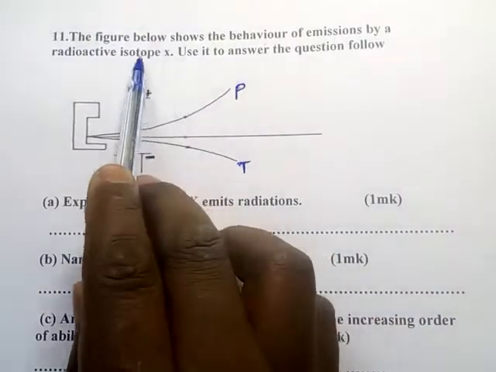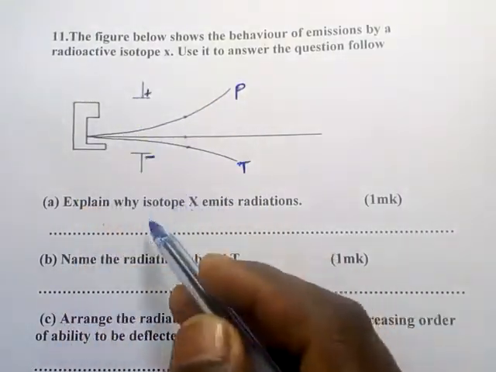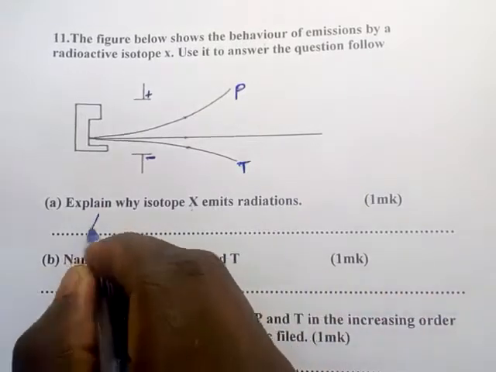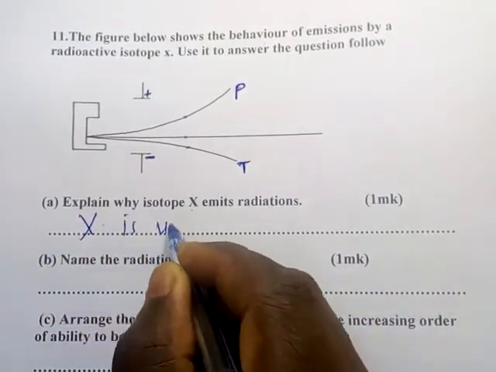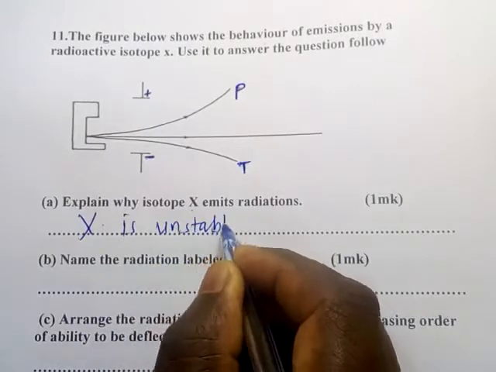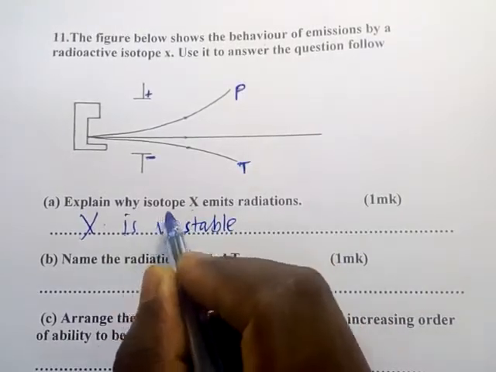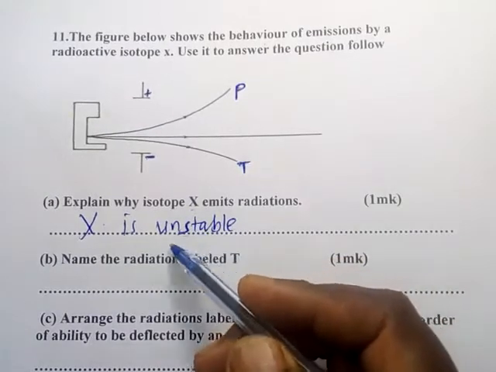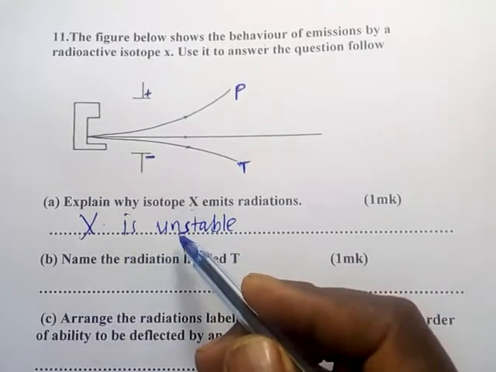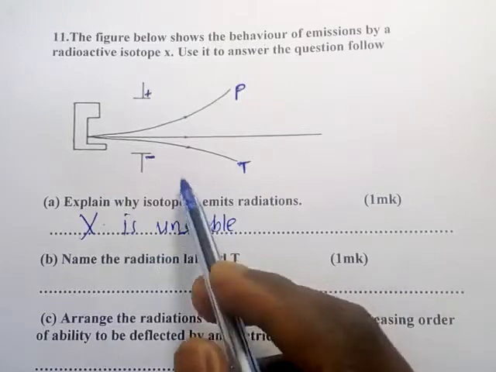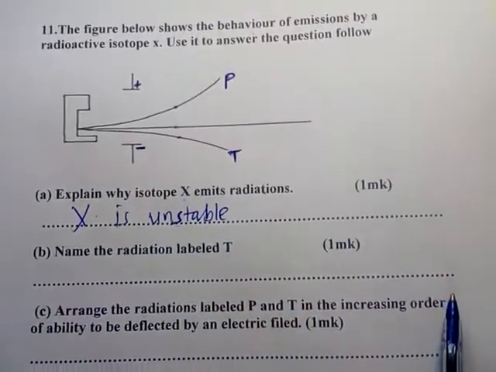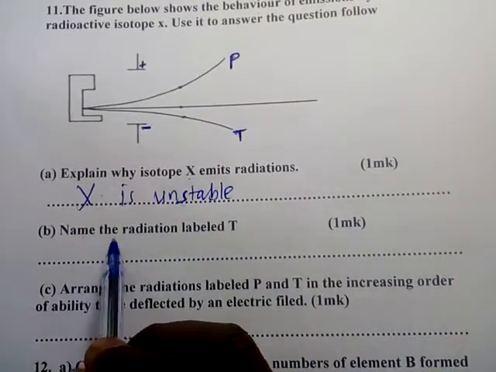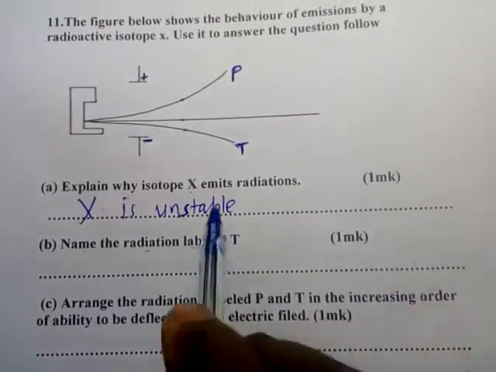An isotope emits radiations because it is unstable. A radioisotope which is unstable will undergo radioactivity to emit radiations.